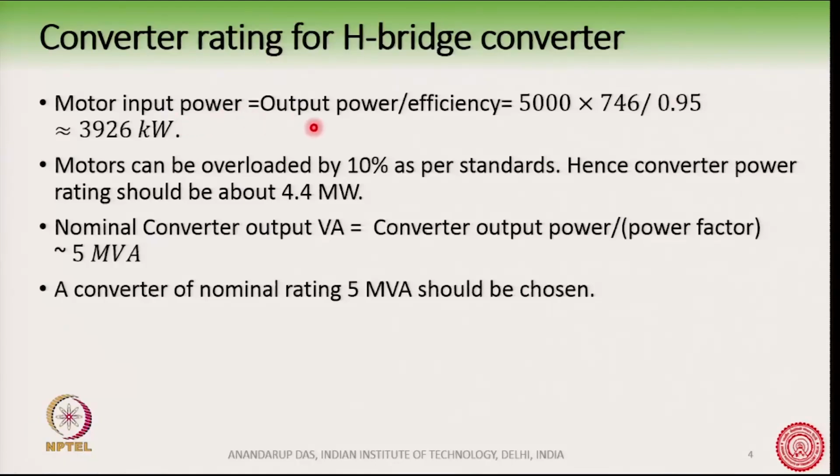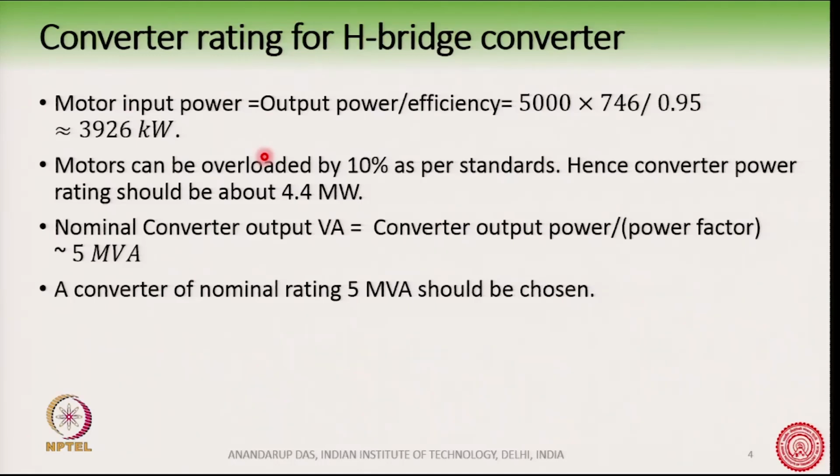So, the motor input power is 5000 HP, and we divide by the efficiency, which is taken as about 95%. So, we see that the motor input power is something very close to 4000 kilowatt. Okay. Now, often these motors can be overloaded by 10%.